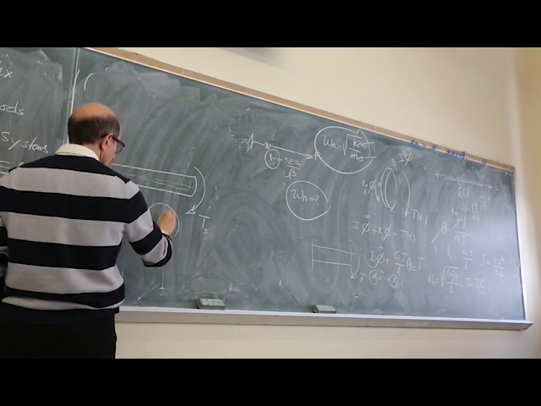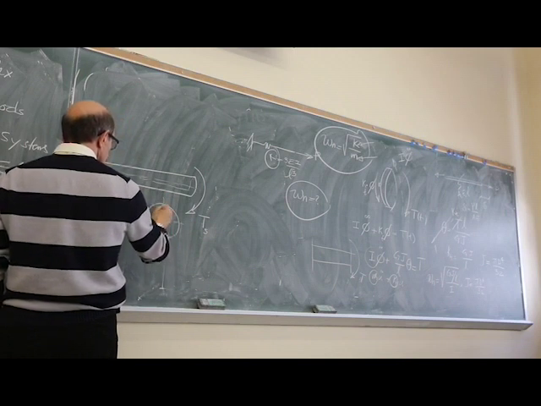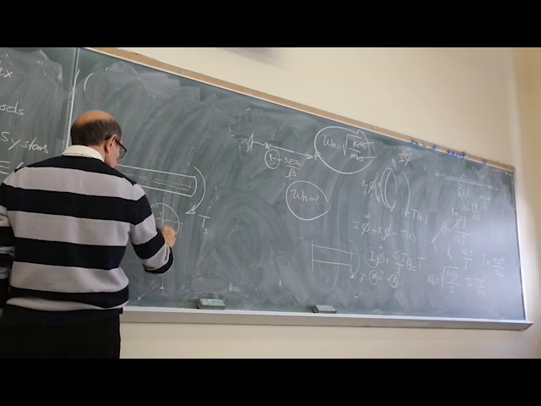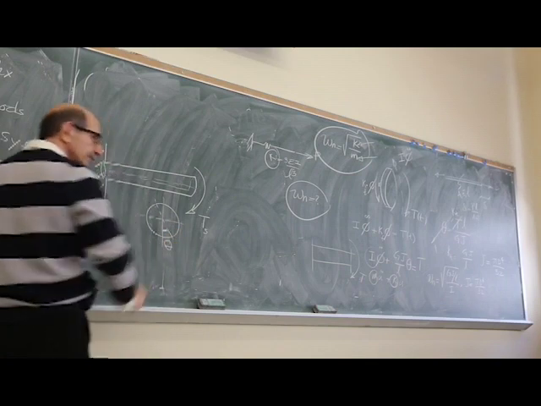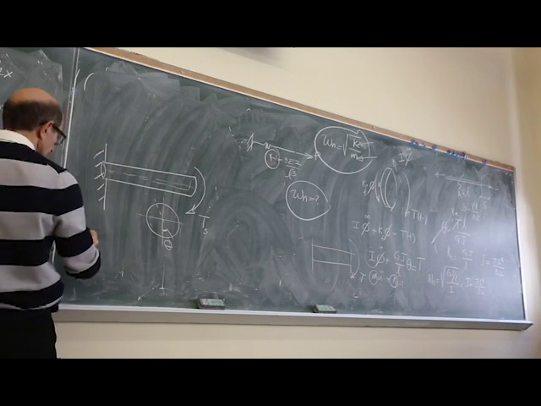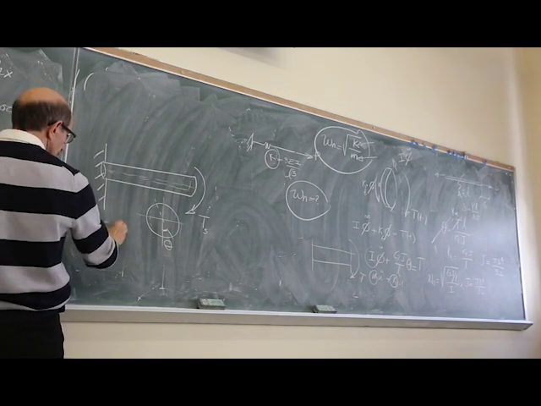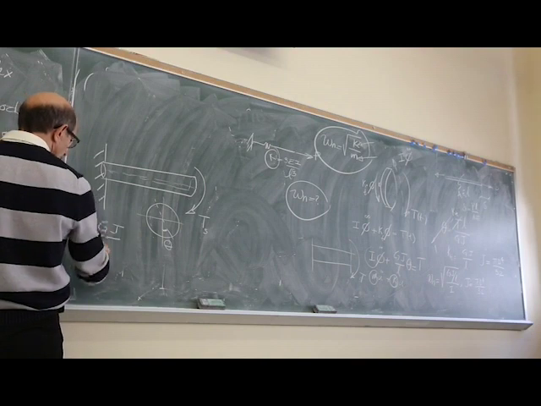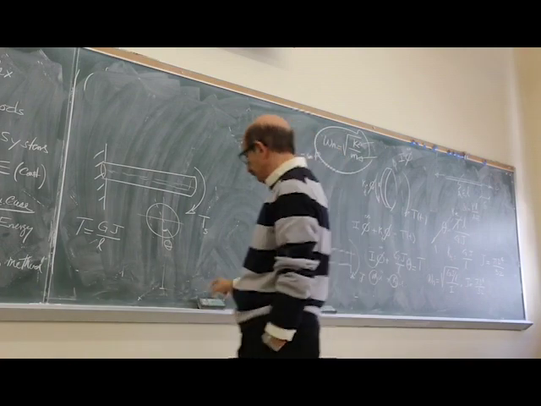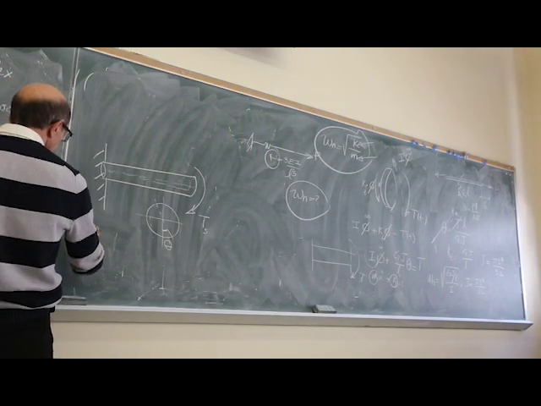In other words, if this is the original shaft, it goes through deformation, this would be theta. Remember from the strength of materials that T was GJ over, I wrote it here, or this displacement for that matter.